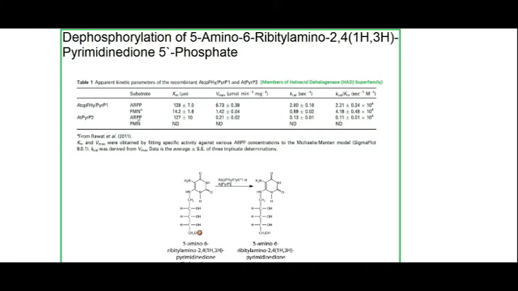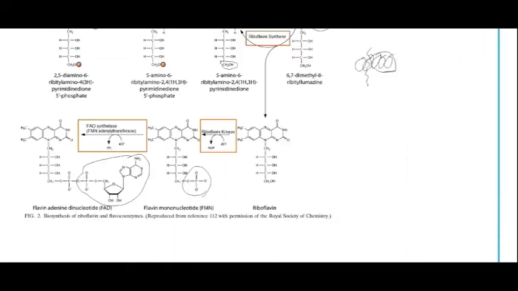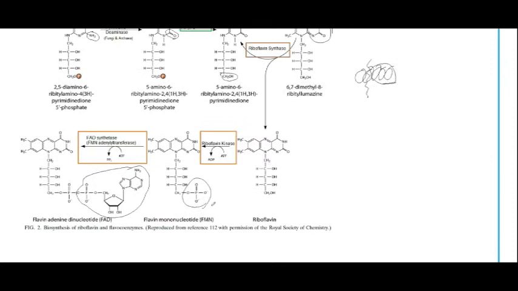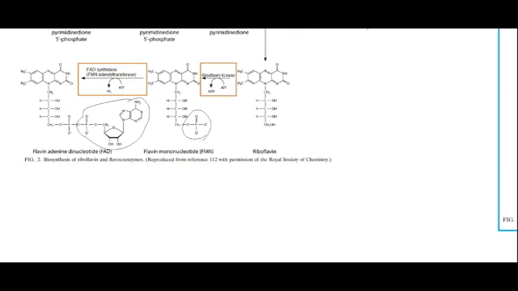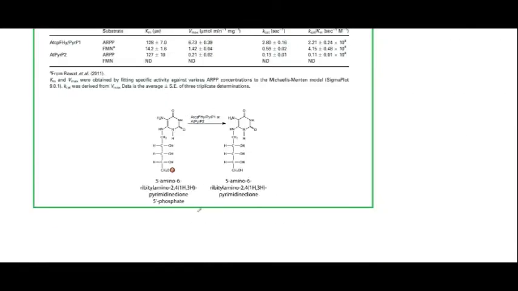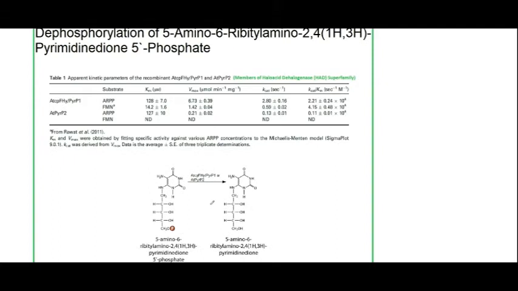So they were looking at whether FMN can be dephosphorylated, because as we saw in the pathway up here, FMN is just a phosphorylated version of riboflavin. And it looks like with the first enzyme there is activity against the FMN, and in fact it's binding tighter, but its turnover rate is worse.